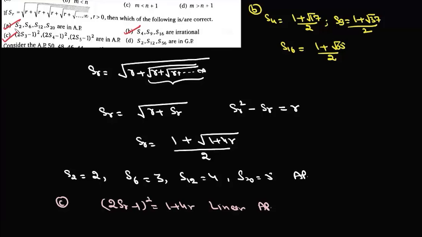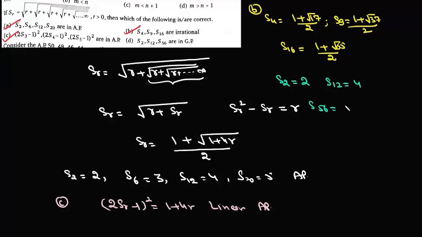And option D is S2, S12 and S56. Now we already have S2, which is 2. S12 is 4. We need to find S56.